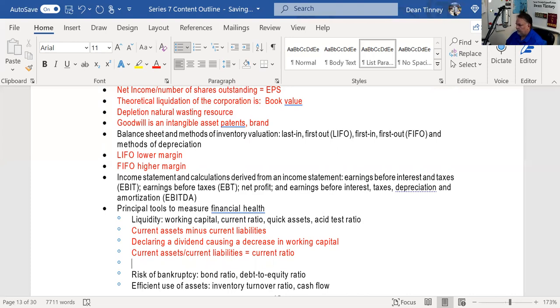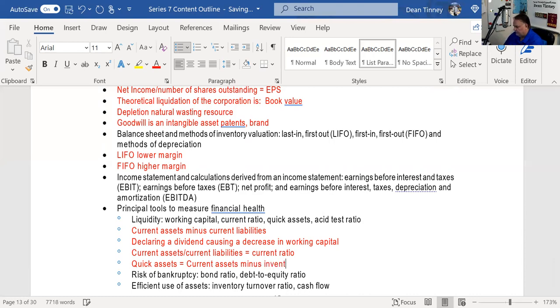Here it says our next one is quick assets. So quick assets is the current assets. We don't want to have to sell our inventory to pay our bills because we won't get the price we want. We won't get the margin. So quick assets equals the current assets minus the inventory, because we don't want to have to sell our inventory to pay our bills.